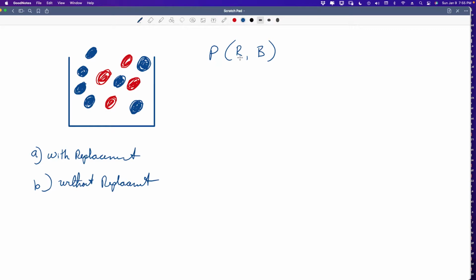So the probability that we draw a red and then a blue. For us to get a red, there's 4 reds, right? There's 4 red and there's 7 blue, which gives us a total of 11 marbles. So the probability that we're going to draw a red is going to be 4 out of 11. Okay, so this is A, with replacement.